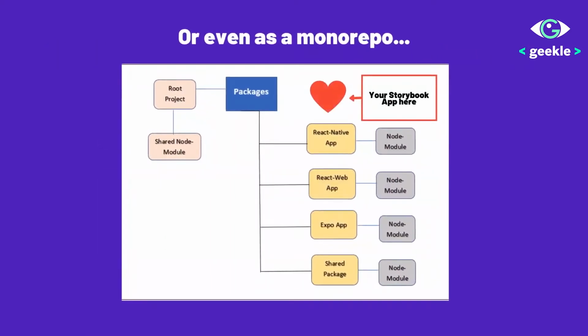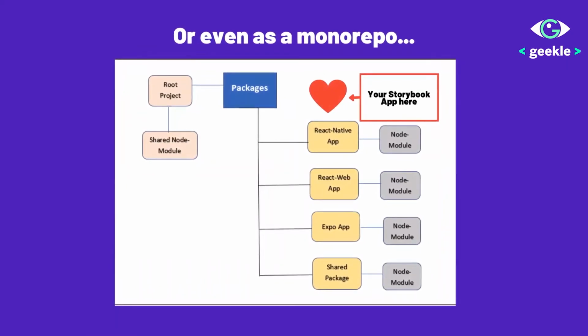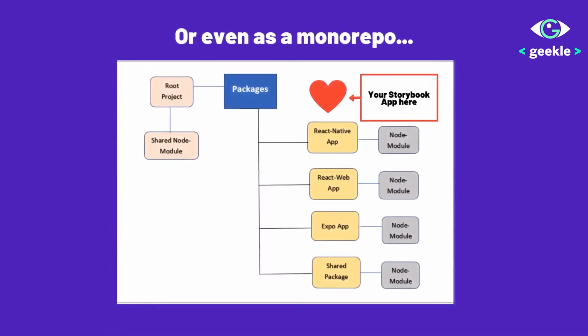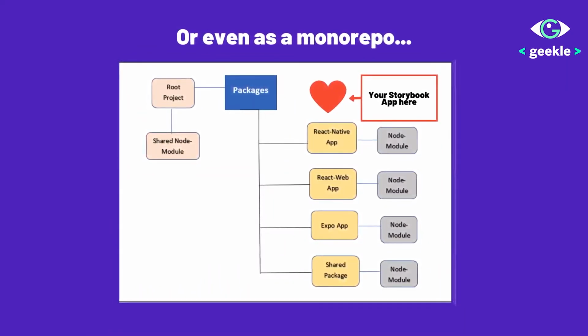But another very interesting approach would be to have your Storybook running as a completely different application, which uses the main application as a dependency, and manage it with a monorepo. For those unfamiliar, monorepo is a word for a Git repo that contains multiple projects. It allows you to have multiple projects and share common dependencies instead of installing the dependencies for each of them.